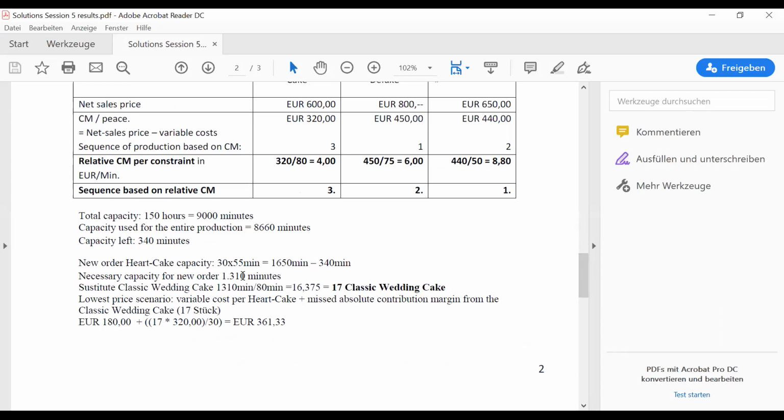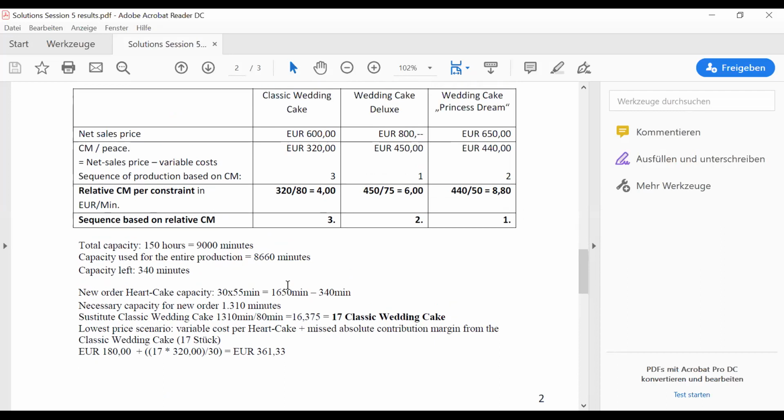We need 1,310 minutes, and we need to take those 1,310 minutes off the classic wedding cake, which means we can calculate 1,310 minutes divided by the 80 minutes of each classic wedding cake, and that equals 16.375 cakes. So we only need to remove 16.375 cakes in order to free up the necessary 1,310 minutes.